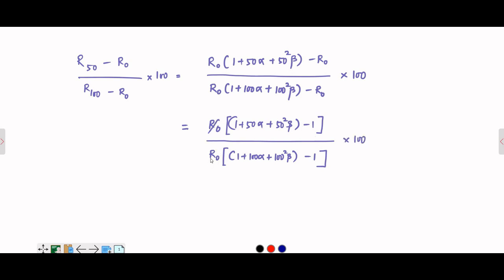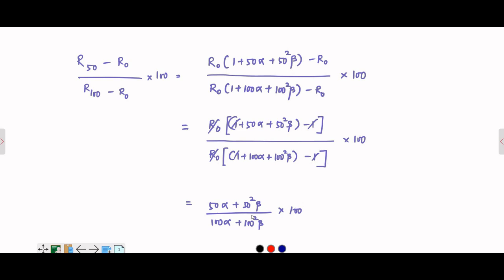R0 gets cancelled, and the 1 also gets cancelled, minus 1 minus 1. So we have 50 alpha plus 50 square beta by 100 alpha plus 100 square beta into 100.